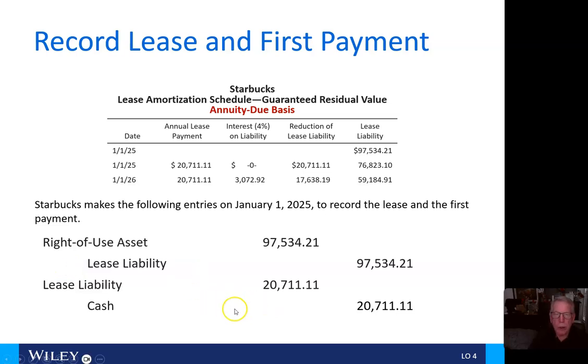But we also include a reduction of lease liability, shown here at $20,711.11, a debit to lease liability and a credit to cash for that same amount.